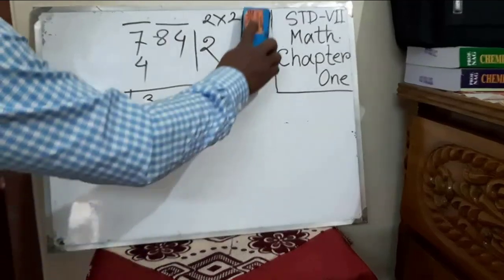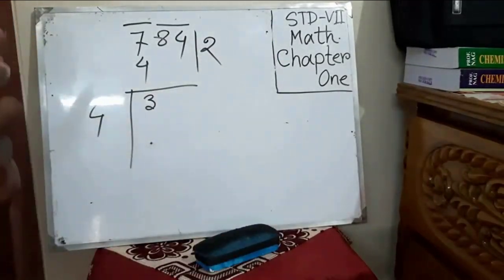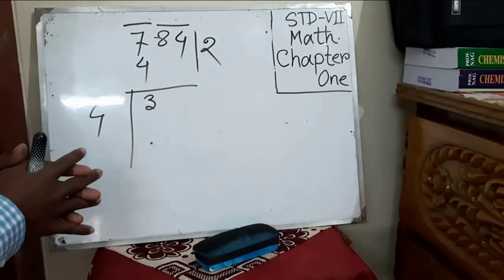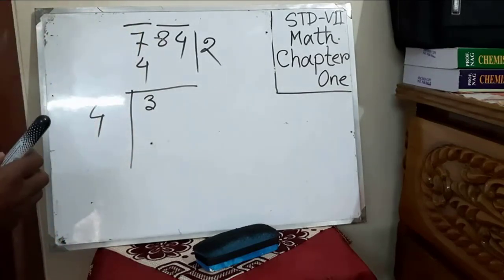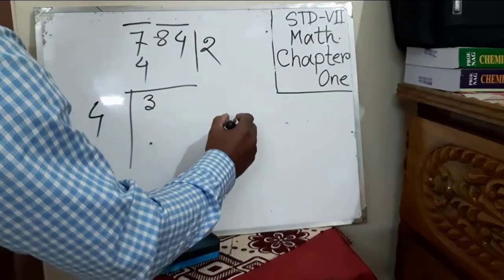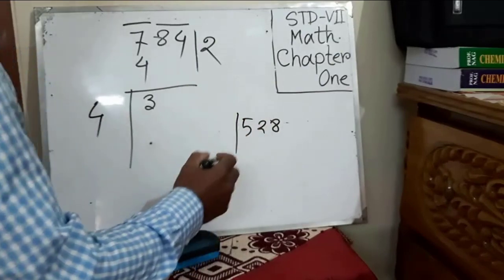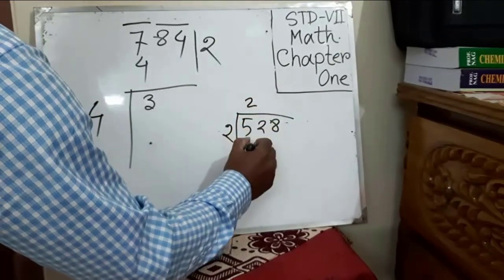Okay. Then what's the next step? In normal division, we bring down digits one by one. Suppose 5 into 8, if you divide this by 2, 2 times 2 is 4.